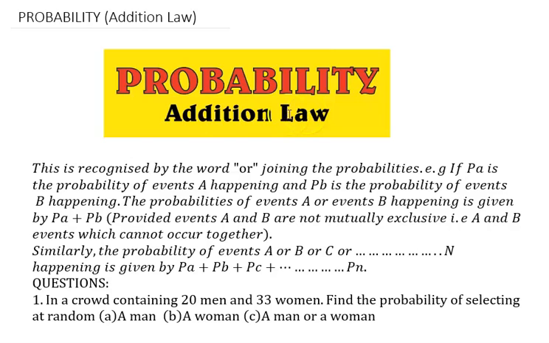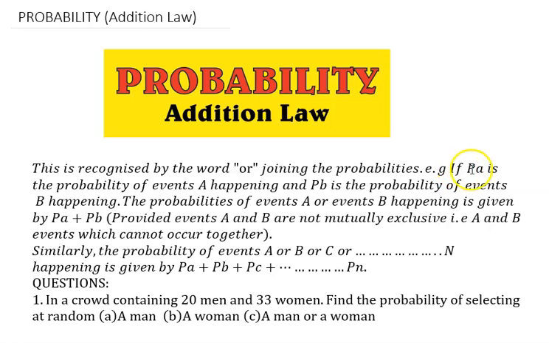When you see the addition law, it is recognized by the word "or". Whenever you see "or" in probability, it means they are referring to the addition law. It is recognized by the word "or" joining the probabilities.